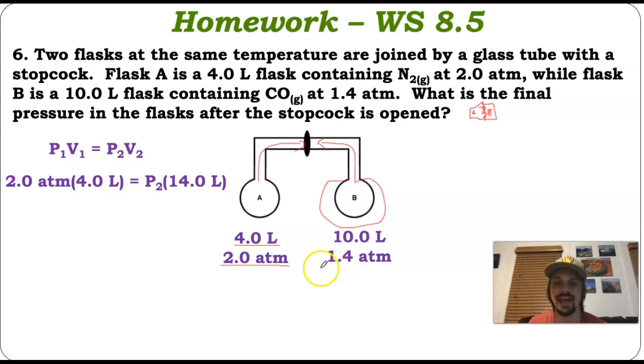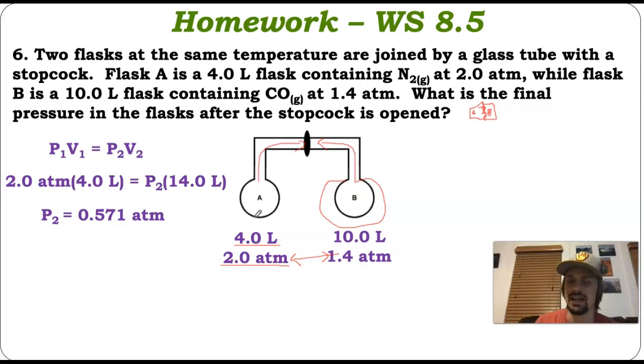Why can't I just add these 2 up? Because the volume is changing. Therefore, my pressure is going to change. So I can't just add those partial pressures up like we have been to get my total pressure because the volume is changing when I open up that valve. So I use Boyle's Law to find my new pressure of gas A. Okay, and that's nitrogen.